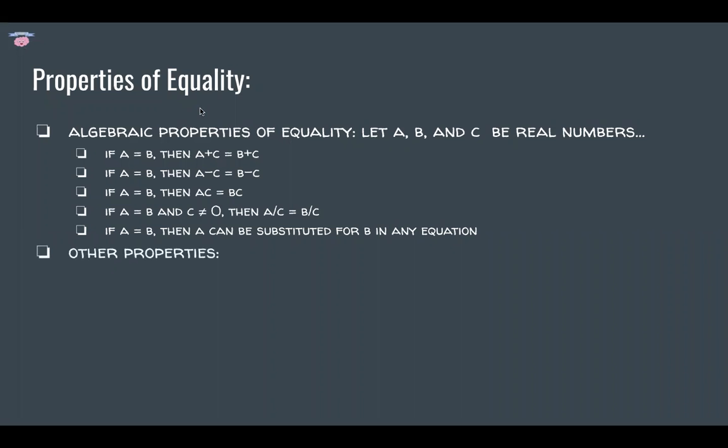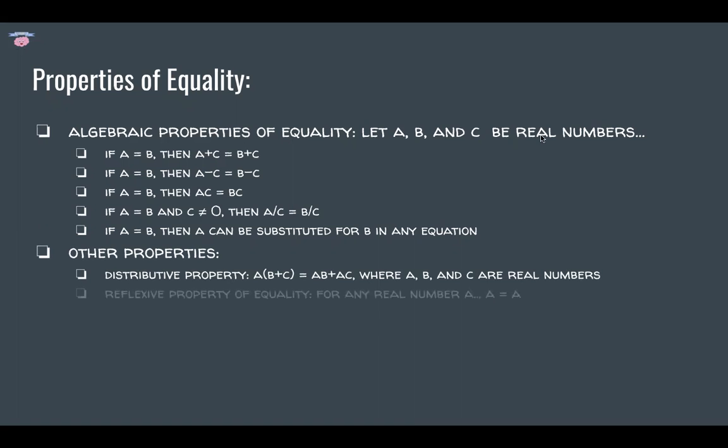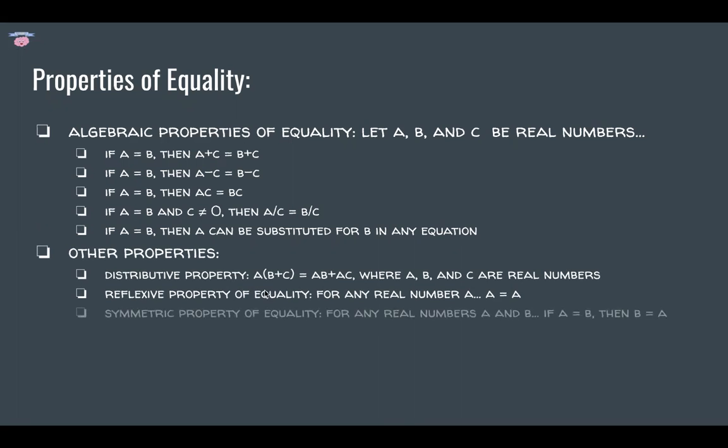Some other properties that are not algebraic are the distributive property. A times (B plus C) is equal to AB plus AC. And notice how we write A, B, and C are real numbers again. For any real number A, A is equal to A. Well, that's kind of obvious.